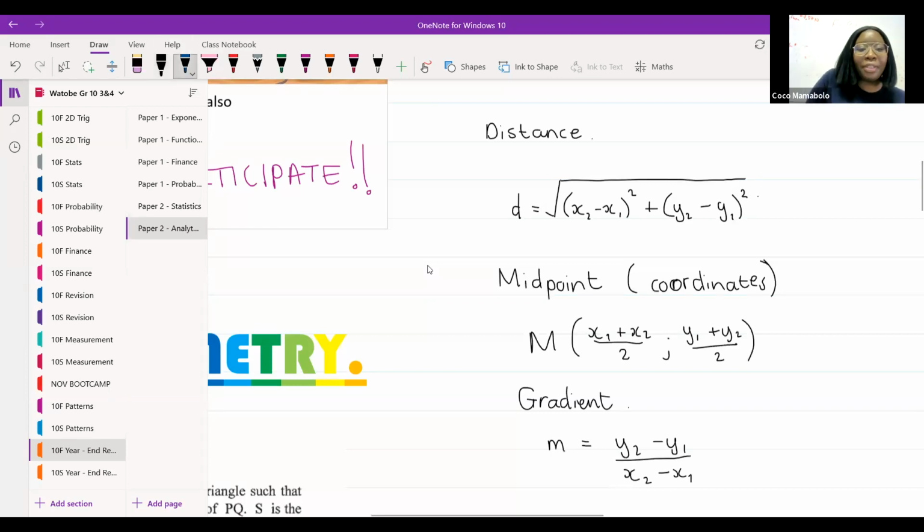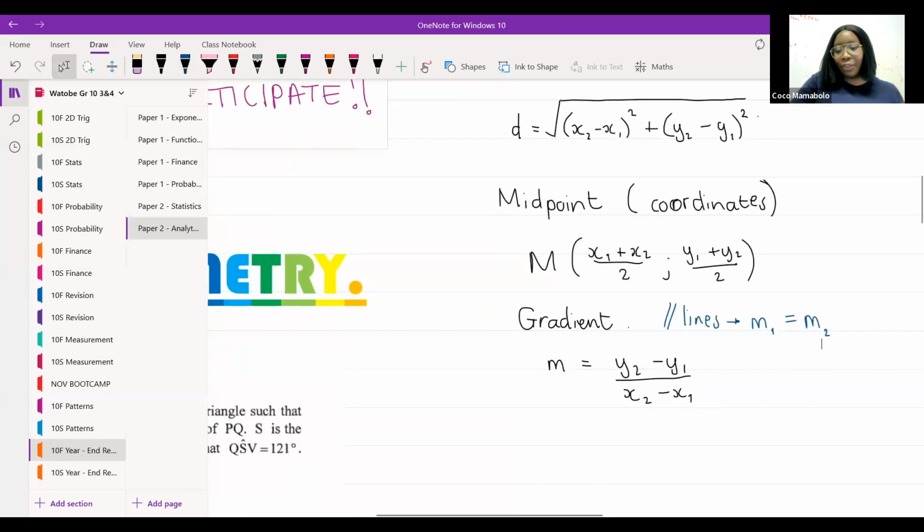Now, a couple of other things we need to know about gradients: if we have parallel lines, then the gradient of the first line must be equal to the gradient of the second line. That's the first rule.